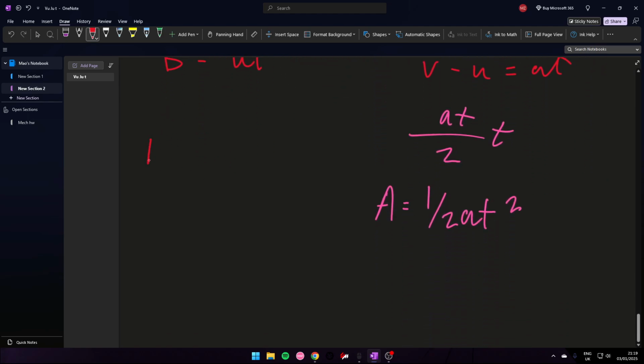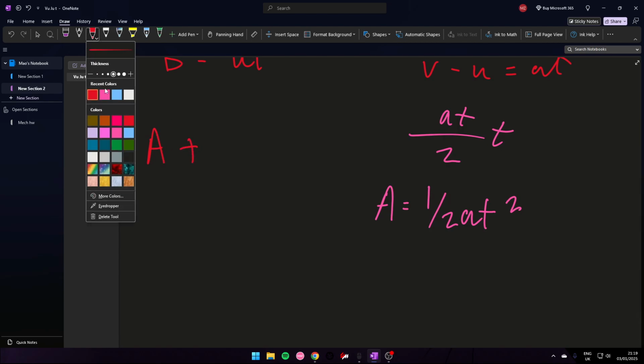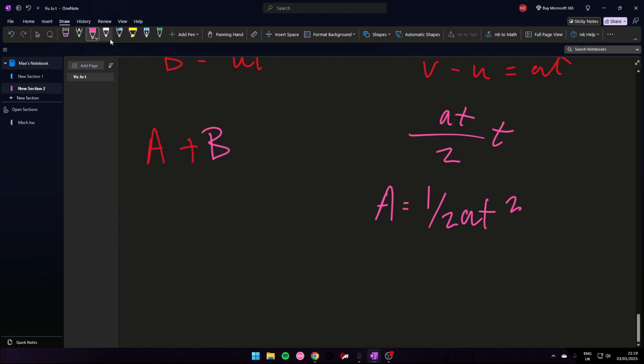So then we can add A plus B, and we're left with ut plus half at squared is equal to s.